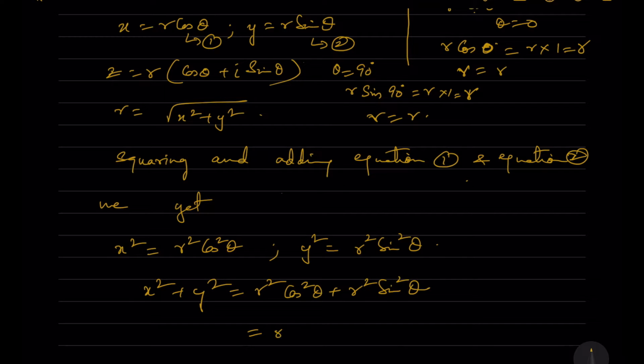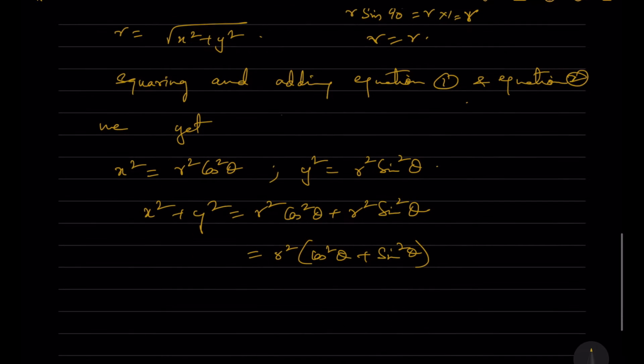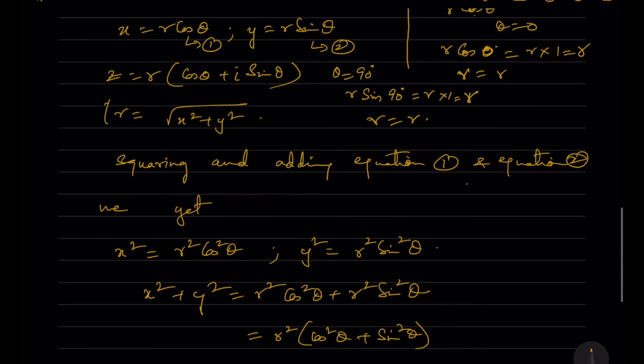If you take r square common, you get cos square theta plus sin square theta, and you know that cos square plus sin square is equal to 1. So this is equal to r square into 1. Therefore we got x square plus y square is equal to r square, which implies that r is equal to under root of x square plus y square. So we have proved this formula, the distance from the center to the given point in the plane.